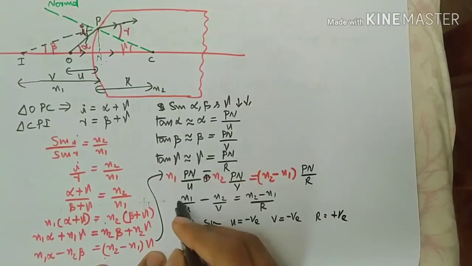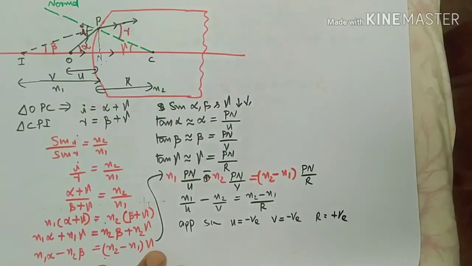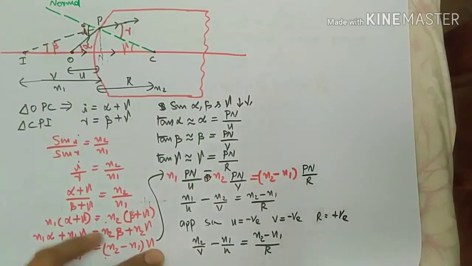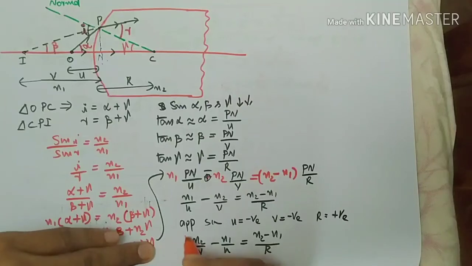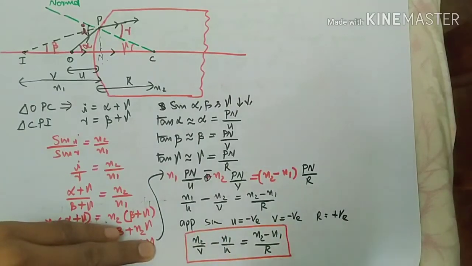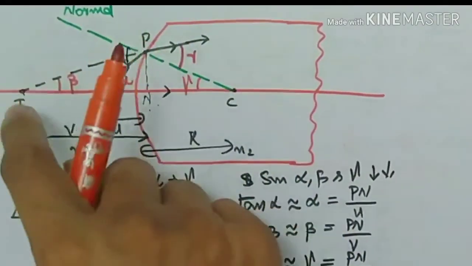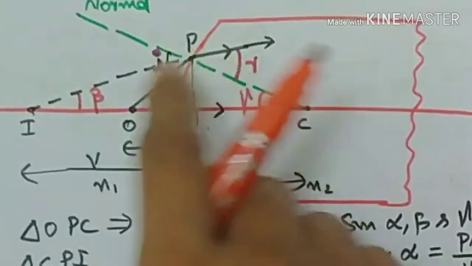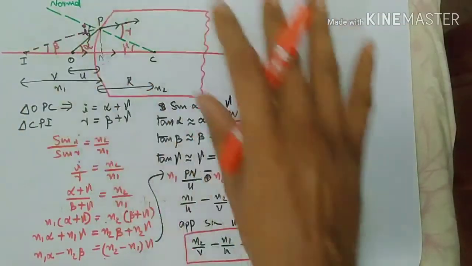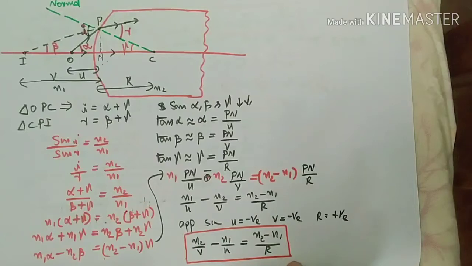Therefore, minus n1 by U, minus of minus is plus, therefore n2 by V minus n1 by U is equal to (n2 minus n1) by R, and we get an expression like this. This is refraction through a curved surface if the object is in the rarer medium and the image is virtual. And this is the expression that we get over here.